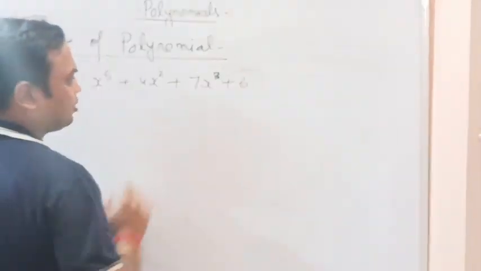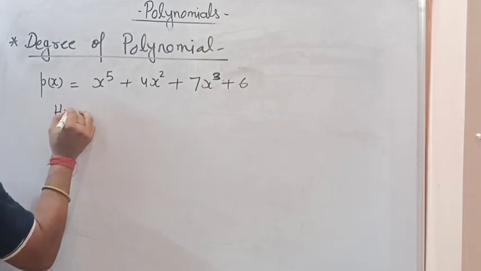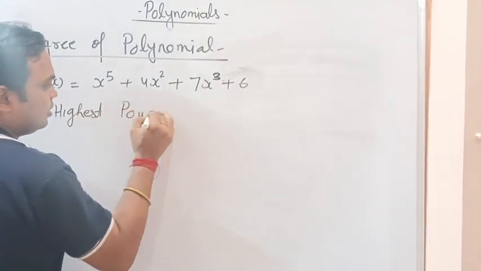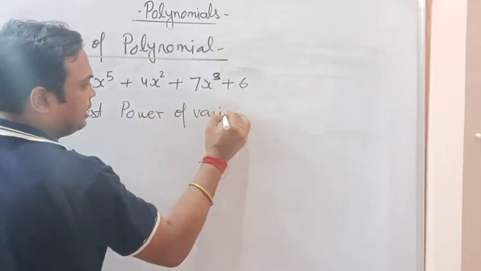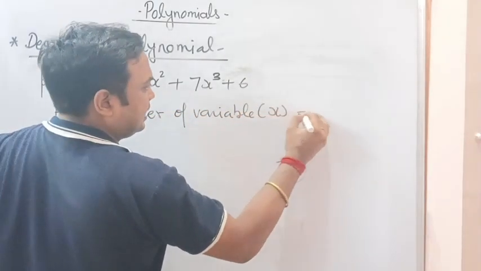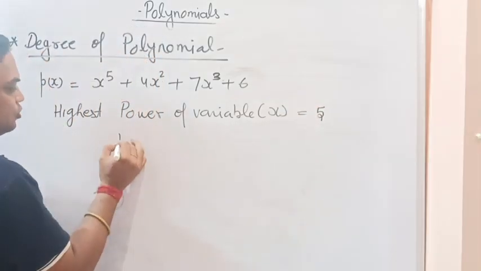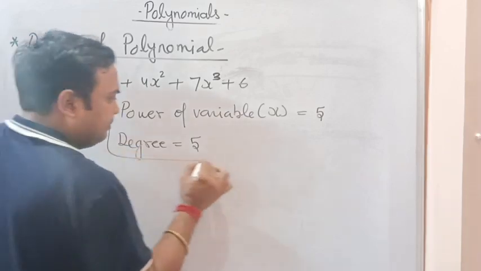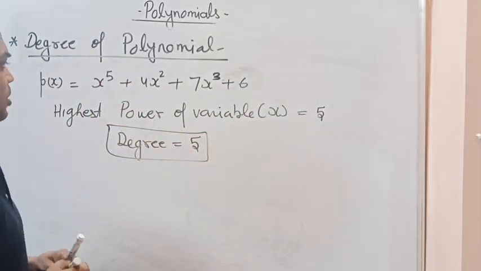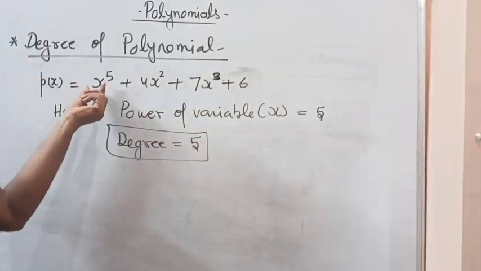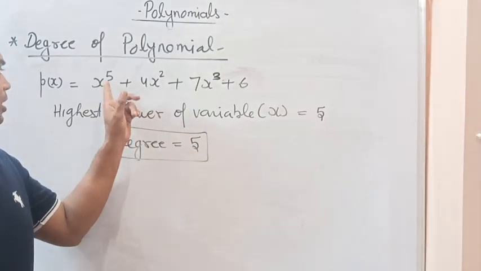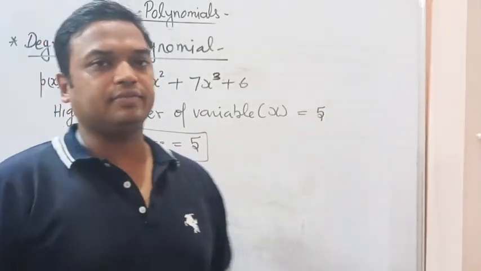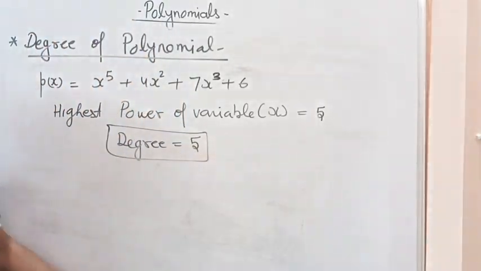So the highest power of the variable is 5, and here the variable is x. So the degree of the polynomial is 5. Remember, this 5 must be a positive number. It must not be any negative number, like x to the power minus 5. Then we will not say that the degree is minus 5. Okay, degree is always a positive number.